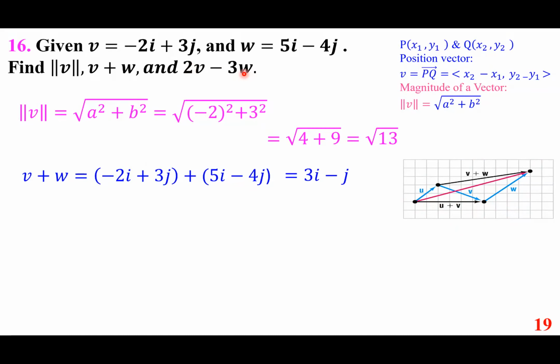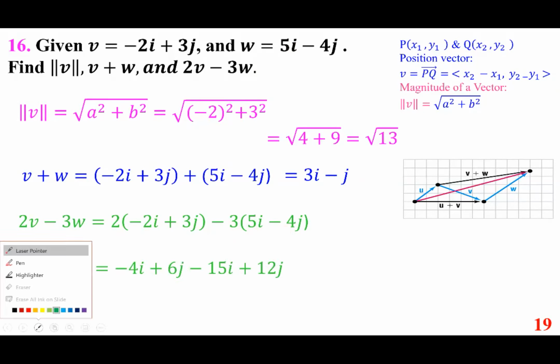Finally, 2v minus 3 times w, that means 2 times this minus 3 times that. To do the math, we are going to distribute. So this is minus 4i plus 6j minus 15i plus 12j.